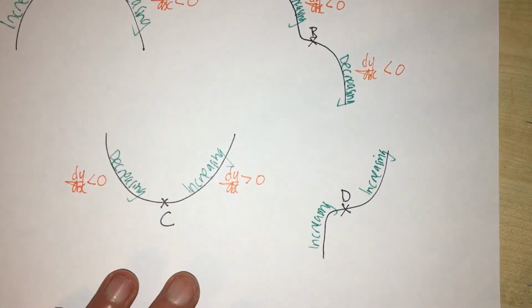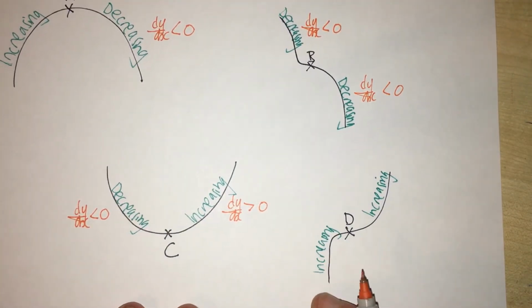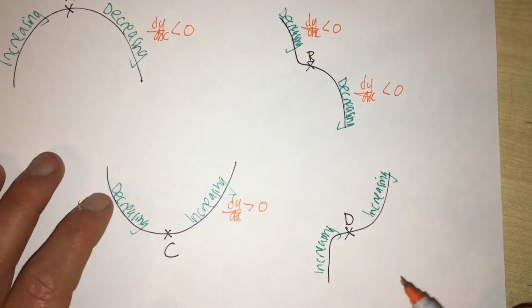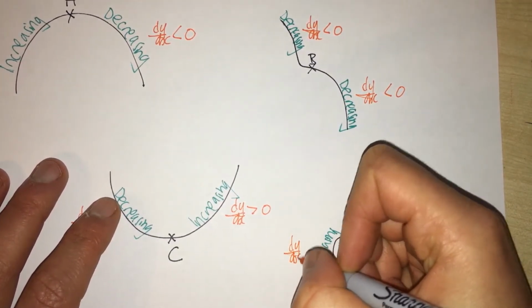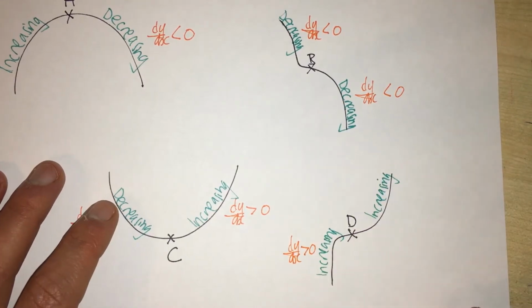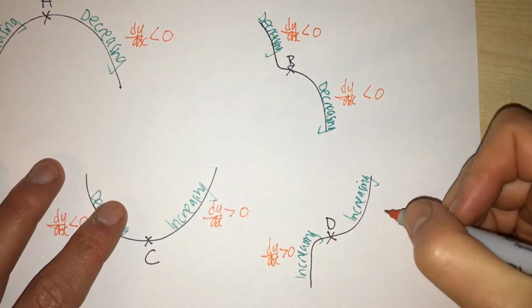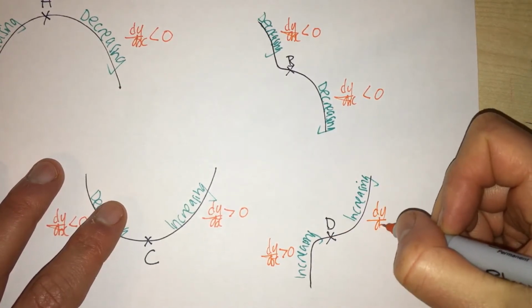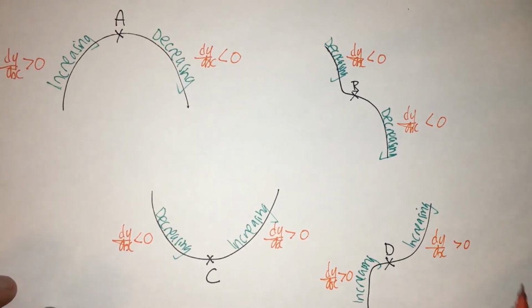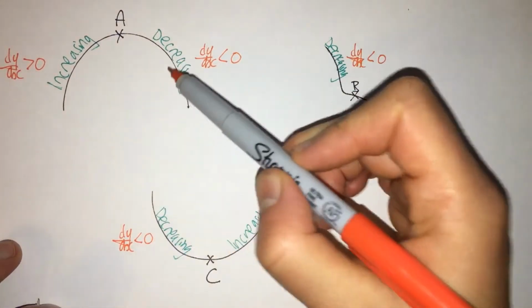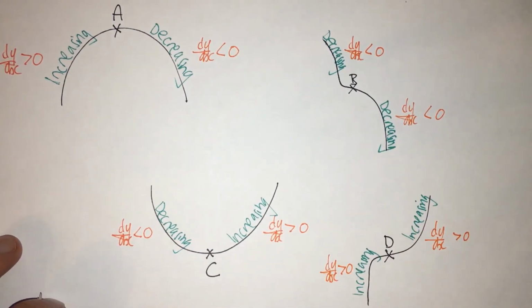So once we've found point D, we've located it, we can decide what type of stationary point it is by looking either side of this point. And the gradient as it approaches D is greater than 0. Then at D it's 0, and then after that point it's greater than 0. So we've got 3 different scenarios: a maximum, a minimum, or a point of inflection.